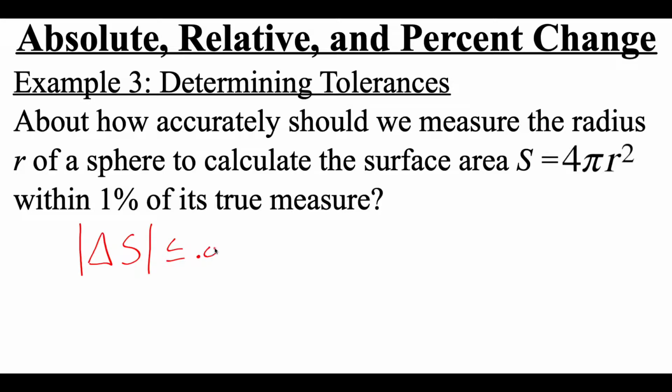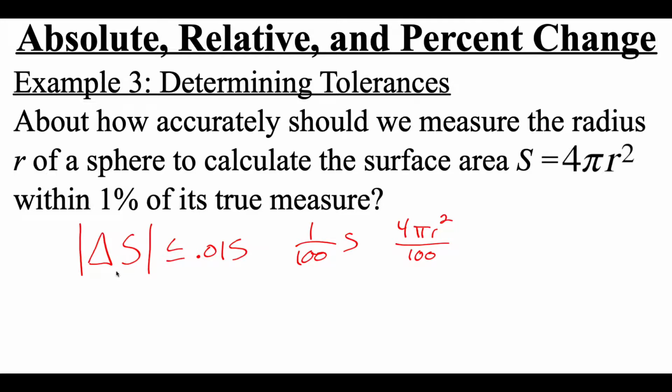So I'm going to say 0.01 S, but that 0.01 we can really write as 1 over 100 times S, and then we know that the surface area formula is 4 times pi times r squared, so I can really write that as 4 pi r squared over 100.